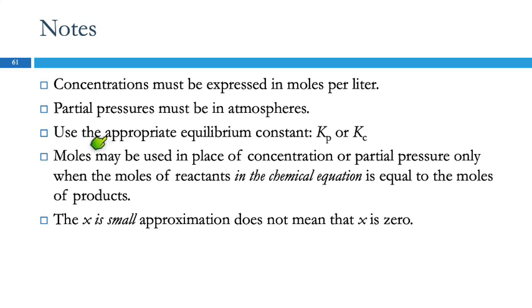We need to use the appropriate equilibrium constant. If we're using pressures, it's got to be Kp. If it's using concentration, it has to be Kc. Now, this is one you're more likely to see as a trick on an exam. There's a relationship between these, right? It's given on the useful information sheet.